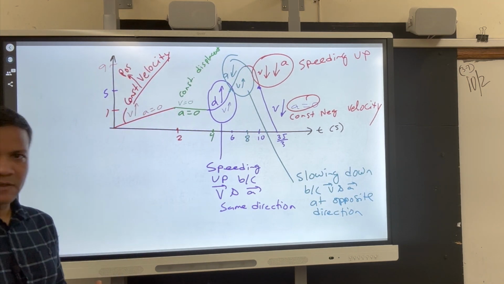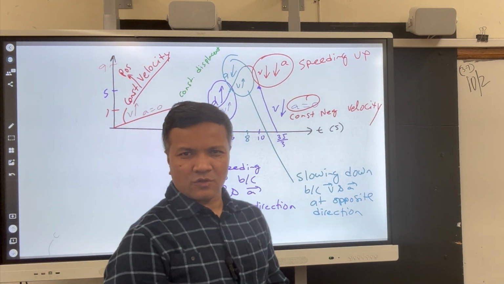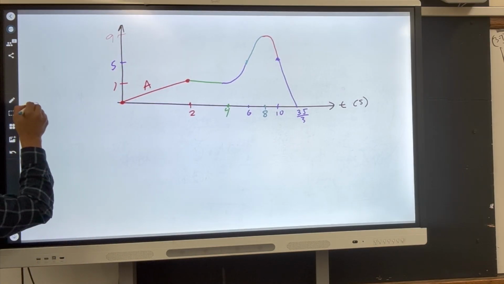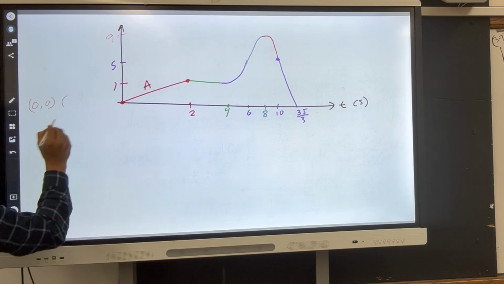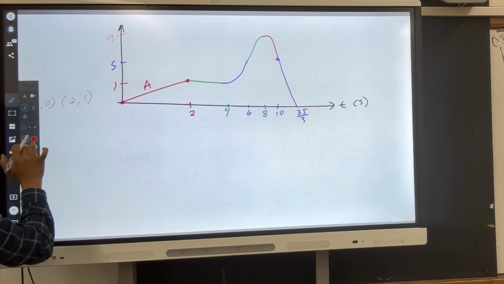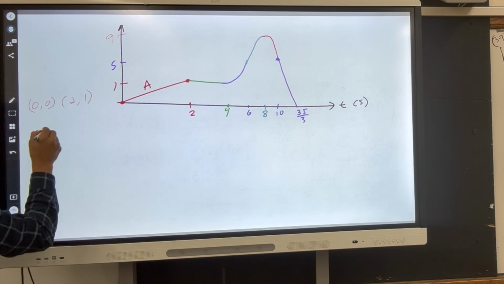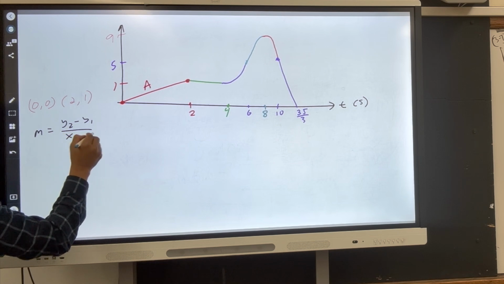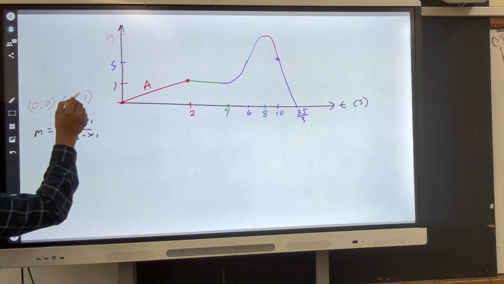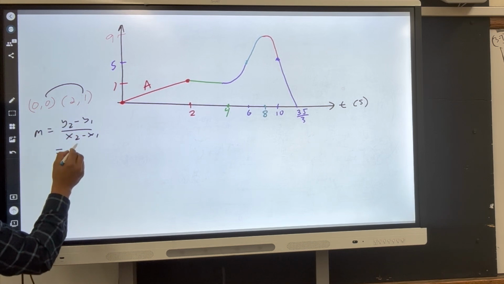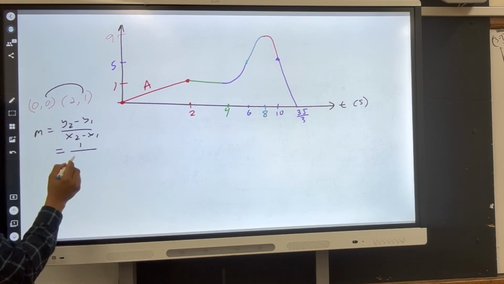Okay, very good. Now the next thing we're going to do is write the equation for this one. So we have (0, 0) and (2, 1). What do you know about slope? Slope is y2 minus y1 over x2 minus x1. y2 is 1, 1 minus 0 is 1, and 2 minus 0 is 2.